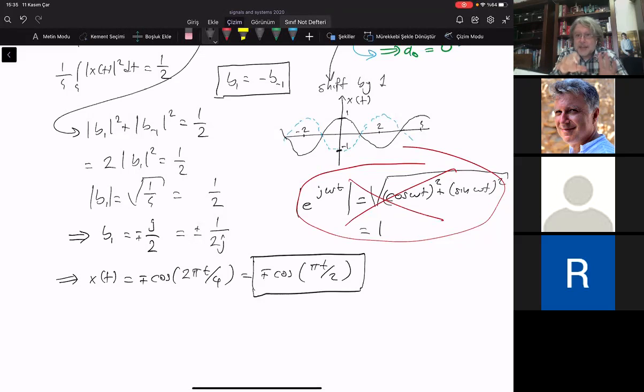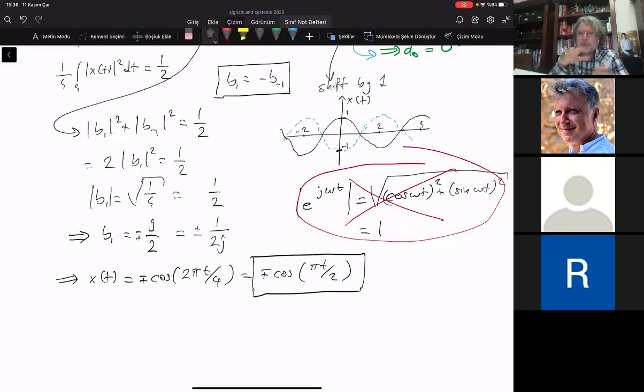So FFT and such things, the fast Fourier transform, are all discrete time Fourier series. So we're not going to spend much time about it. We are going to cover it, but it won't be as detailed as this continuous time Fourier series discussion that we did. It will be faster.